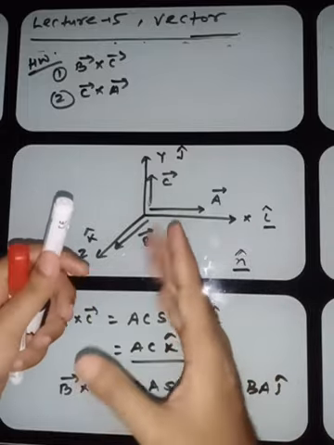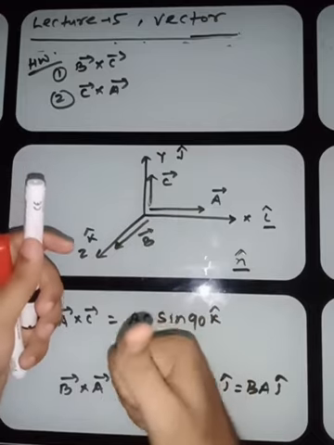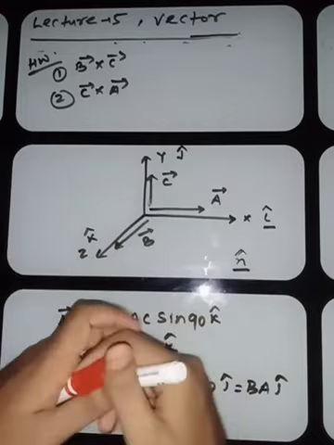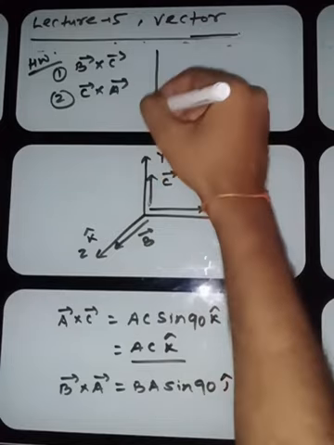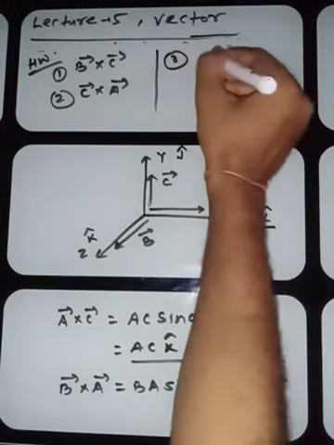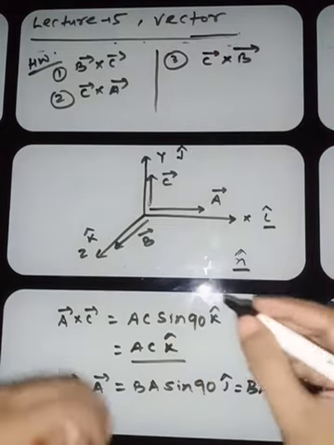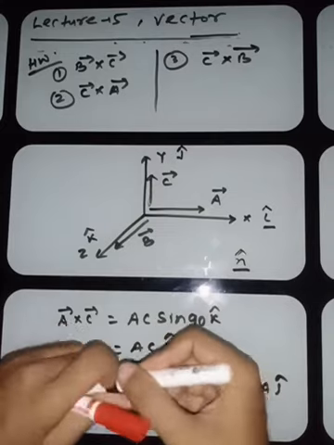You have to do the practice. Use your forefinger, curl it and try to find the exact direction by this thumb. This is your practice, my dear students. The third one, C cross B. Here are three questions you have to solve by yourself.